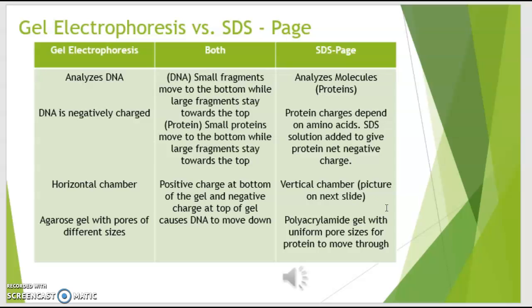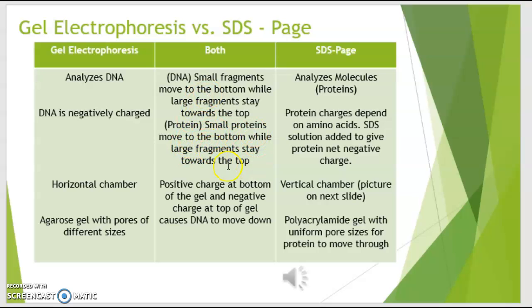But a common thing is that small fragments in DNA move to the bottom while large fragments stay up top. In proteins, small proteins move to the bottom while large proteins stay up top.